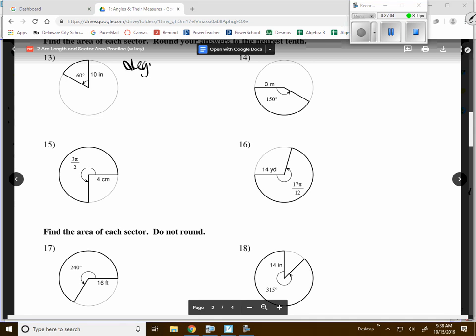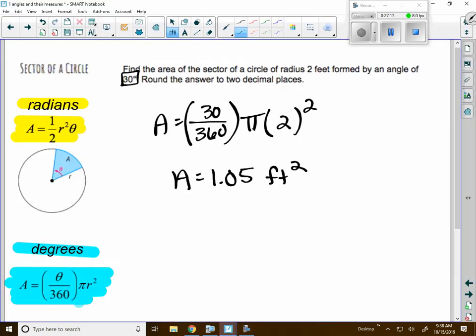Degree. Because it's 60 degrees. For number 15, what are you going to use? Radian formula. Okay, so let's go ahead and write it down. So radian formula is 1/2 r squared theta.